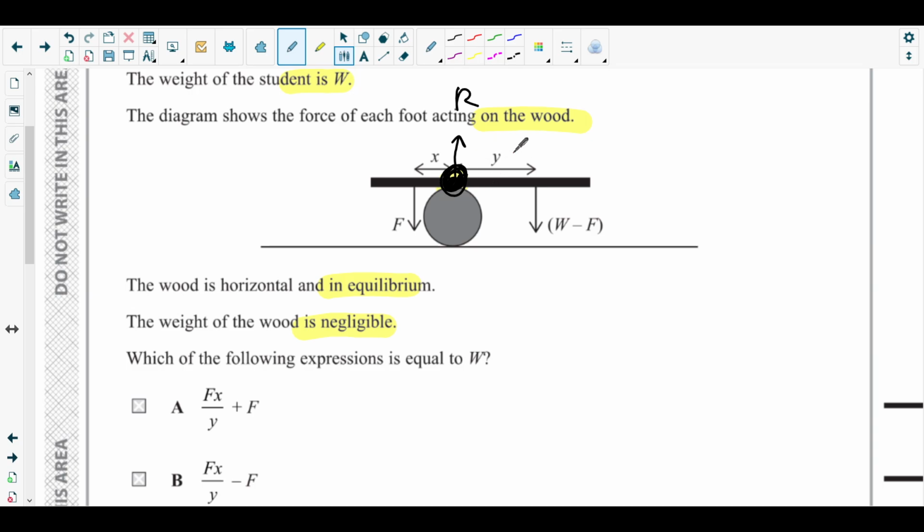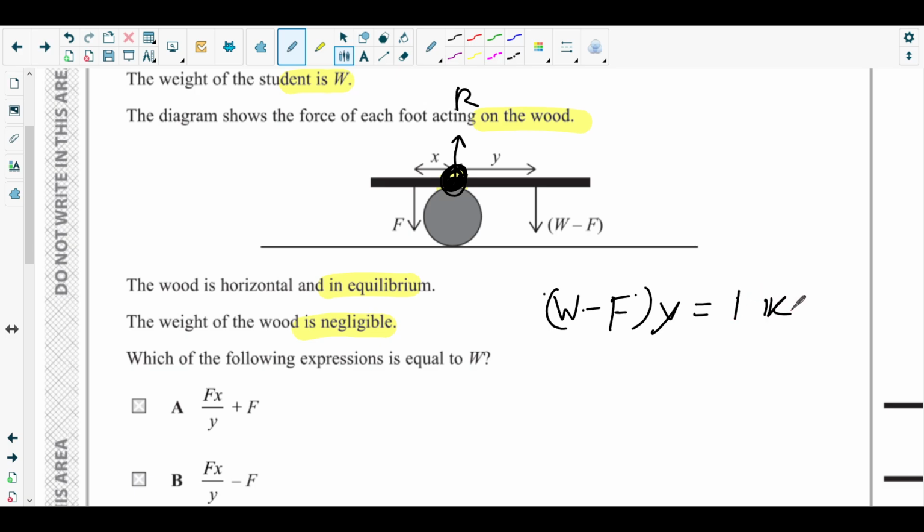So the clockwise moment is W minus F times y, which equals Fx, right?